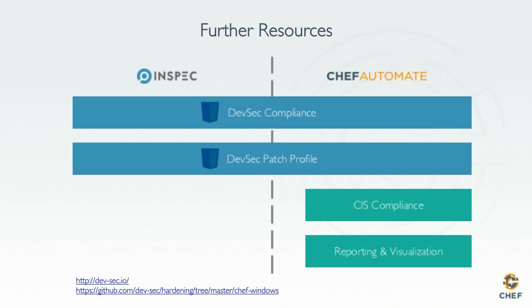So it's really easy to grow into our tooling by using open source InSpec, using those baselines, and once you're ready for Chef Automate, those baselines will also be available in Chef Automate. On top, of course, we ship CIS compliance profiles with Automate, and we have additional reporting and visualization capabilities, which allows you to easily scale to multiple thousands of servers so that you can still keep control around your infrastructure.